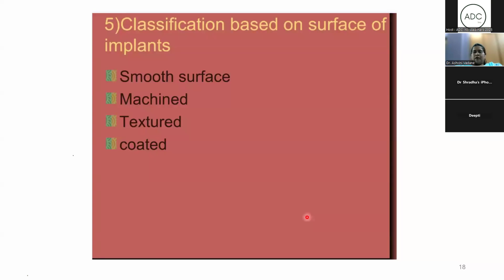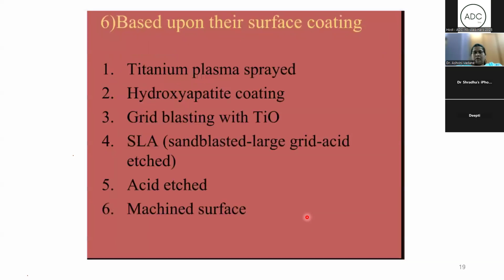After that, the fifth criterion is the classification based on the surface of implants. So it can be smooth surfaced, machined, textured or coated. Then based upon the surface coating, in that titanium plasma sprayed, hydroxyapatite coating, grit blasting with titanium oxide.